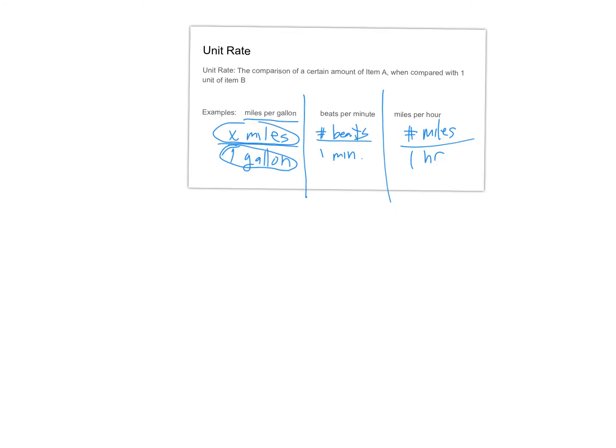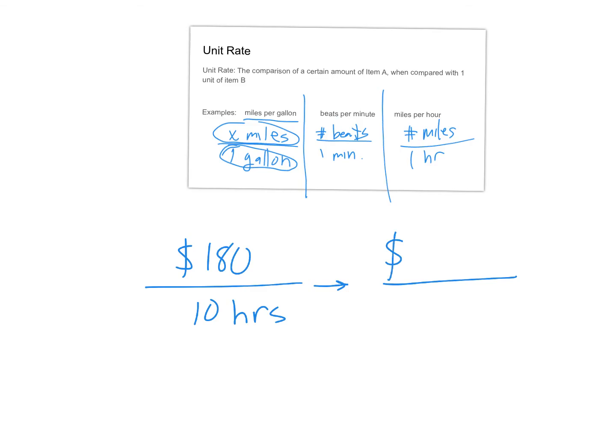That's another unit rate. Let's say you got paid $180 for 10 hours of work, and you're asked to find your rate of pay. Your rate of pay is typically given in money, the amount of money you make every 1 hour.